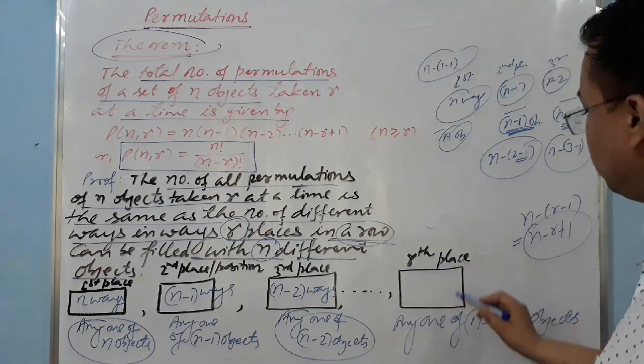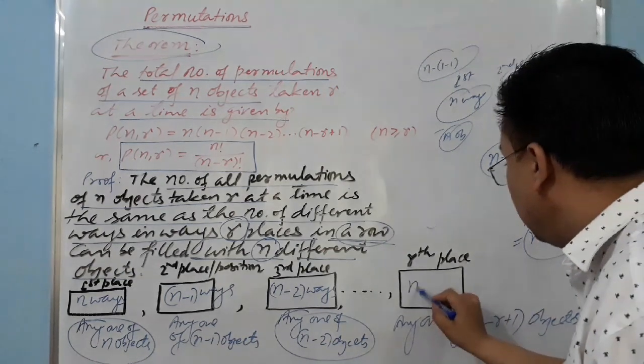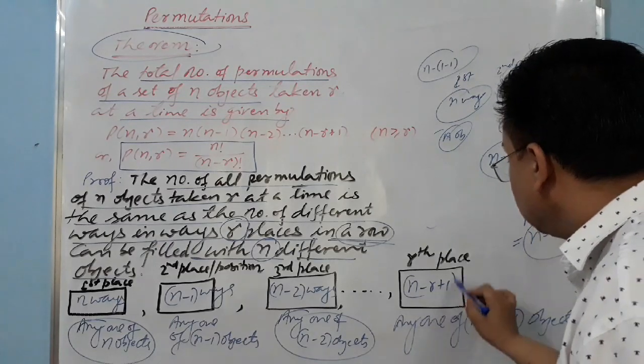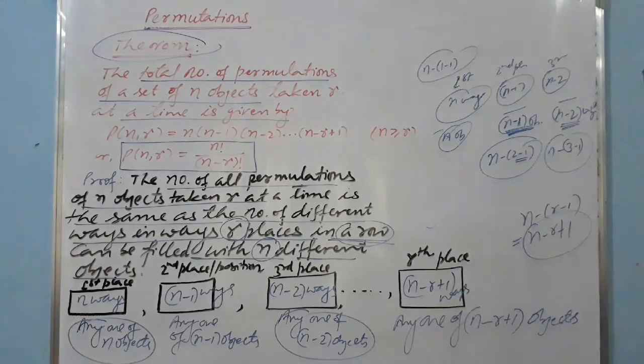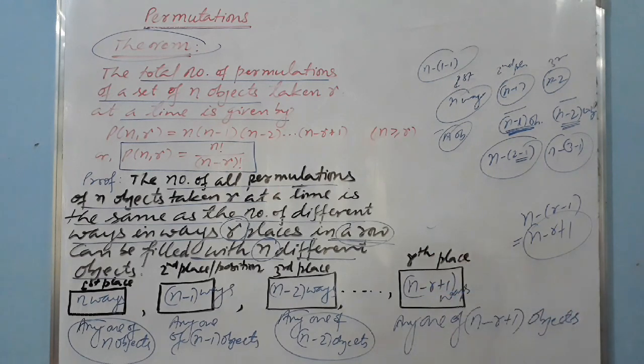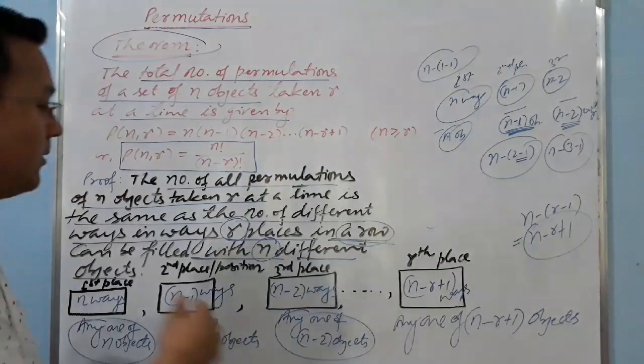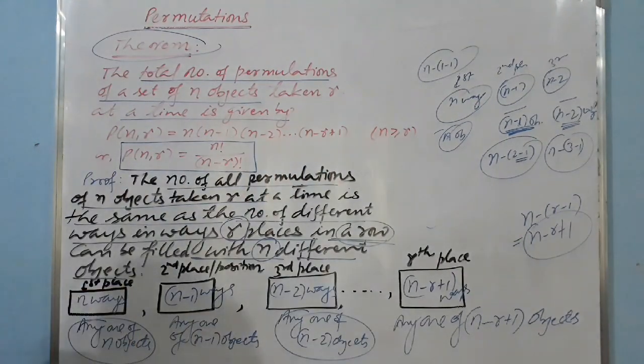Any one of these objects we can use for the rth place, so we can fill up the rth place in n minus r plus 1 ways. Very simple. If you know how to fill up these boxes, then your theorem is over, and after that we have a very easy process.